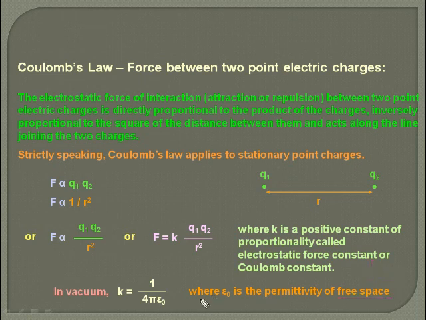So whenever we talk about free space, we talk about vacuum or air, because both have approximately the same permittivity. So epsilon naught is called the permittivity of free space.